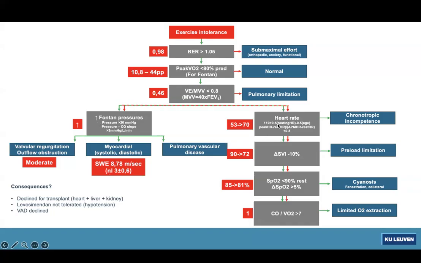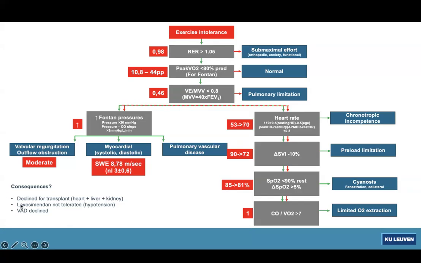But we can also assess chronotropic competence, changes in stroke volume, desaturation, and even peripheral limitation as part of this comprehensive assessment of the Fontan patient. For our patient, we tried to decrease the antiarrhythmics, which didn't work.